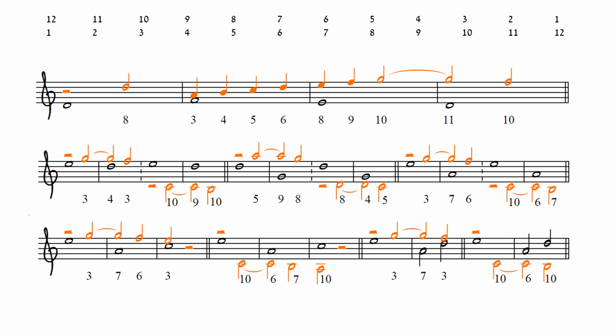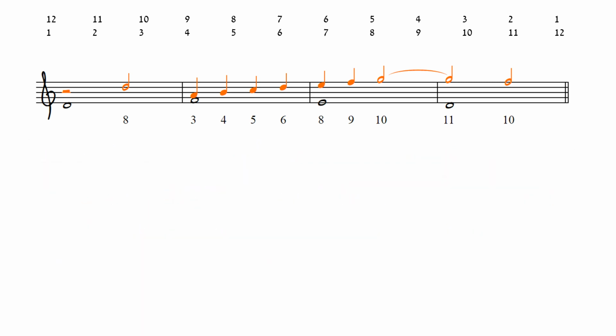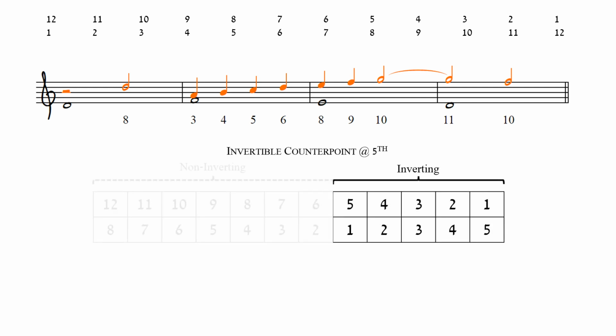By the way, invertible counterpoint at the 12th is very closely related to invertible counterpoint at the 5th, but the chart of intervals is slightly different. The invertible part of this chart looks like all the others we've seen in previous videos, counting in this case down from 5 in the upper row and counting up from 1 in the lower.